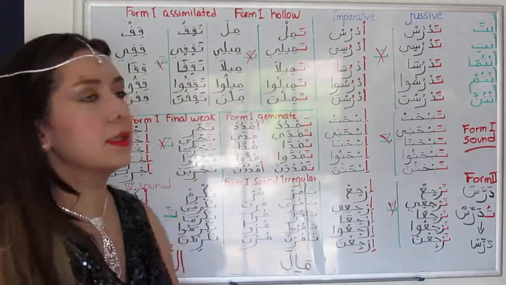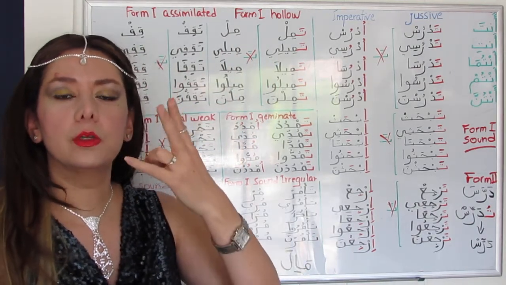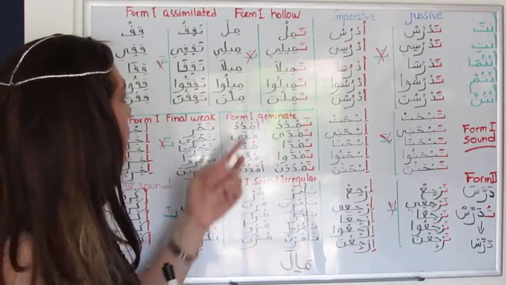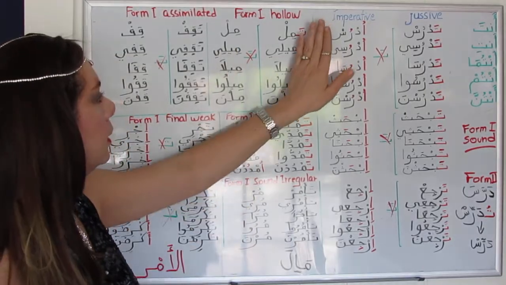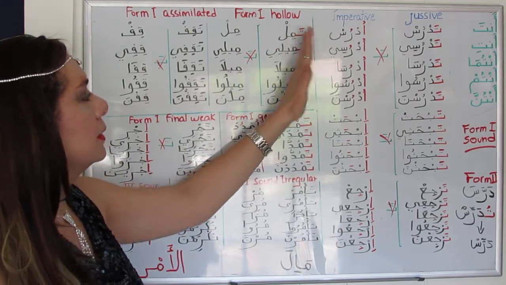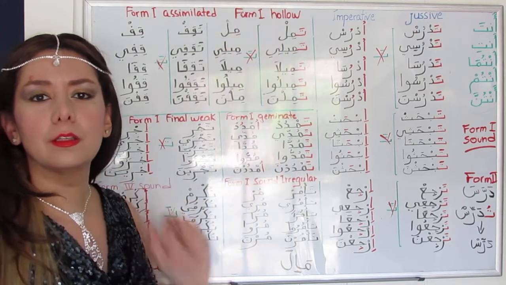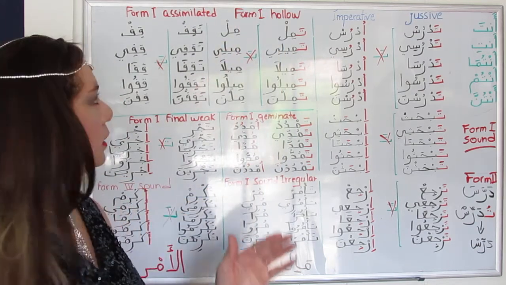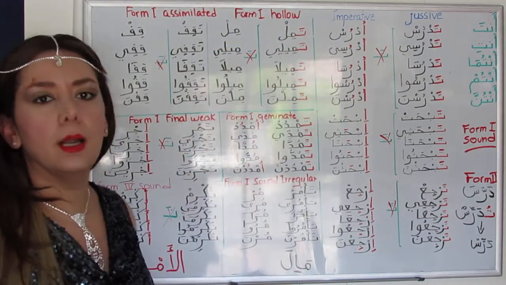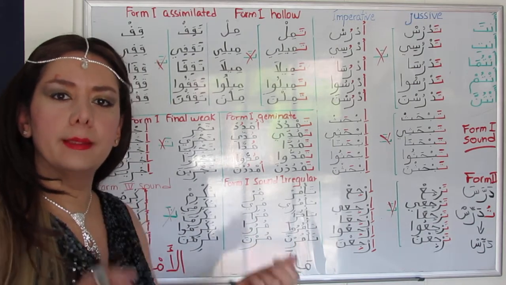So we say just mil. That's it. We have just two radicals from the root. Mil, mili, mila, milu, milna. It's the same as the jussive, but minus the prefix. Very easy. So mala is to lean or to bend.